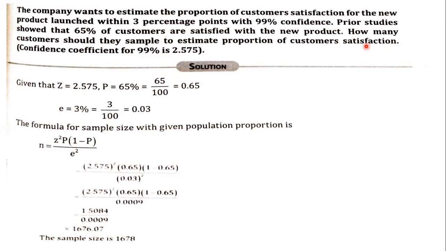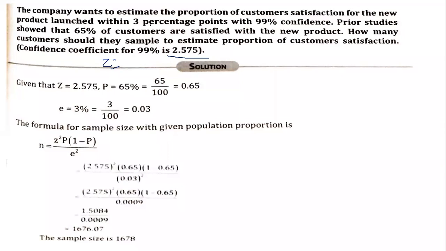Then confidence coefficient of 99% is 2.575. This is nothing but Z value. So the Z value that is given to us is Z is equal to 2.575. Okay. So what is the first thing?